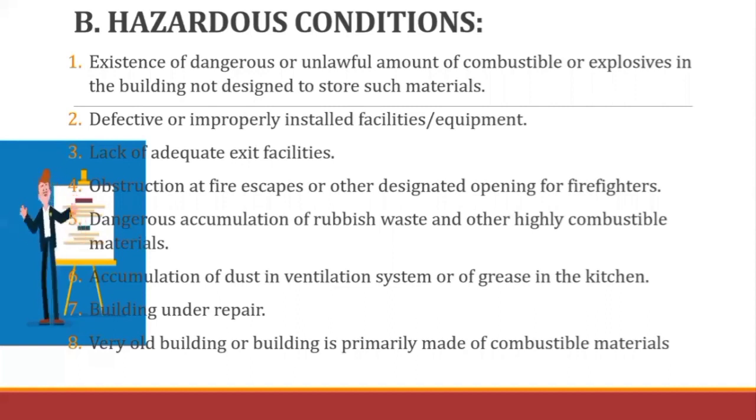Loss of screws that may cause short circuit, lack of adequate exit facilities, obstruction at fire escapes or other designated openings for firefighters, dangerous accumulation of rubbish, waste and other highly combustible materials, accumulation of dust in ventilation system or grease in the kitchen, that is the class K fires, and then buildings under repair, very old buildings or buildings primarily made of combustible materials.